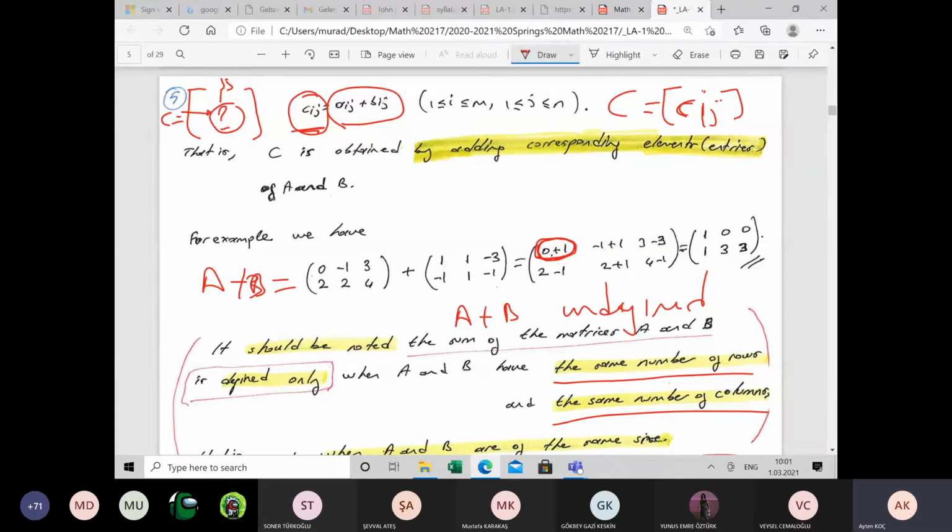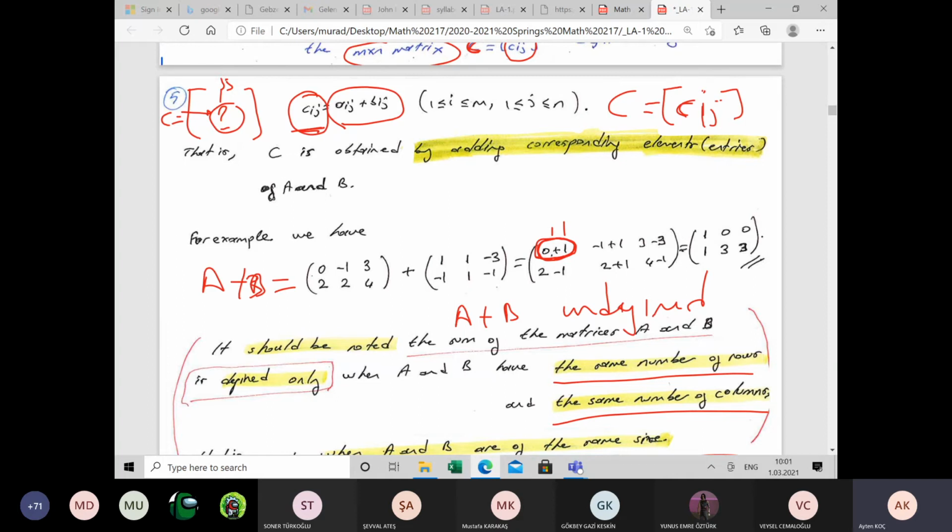We also know that these are real numbers, so this is equal to 1 plus 0. This one is equal to 1 plus minus 1. So changing the order gives us B plus A.